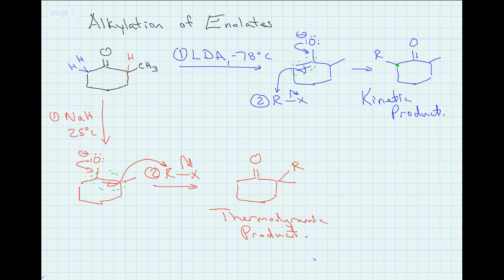When we choose sodium hydride as a base, hydride is a much smaller base than LDA, and it is going to abstract the proton that is next to the methyl group to generate a more stable enolate, because the double bond is going to be more substituted. From here, we get what's called the thermodynamic product. So just to reiterate, when you want to do the alkylation of an enolate, the choice of base and temperature is how you control whether you get the kinetic or the thermodynamic product.